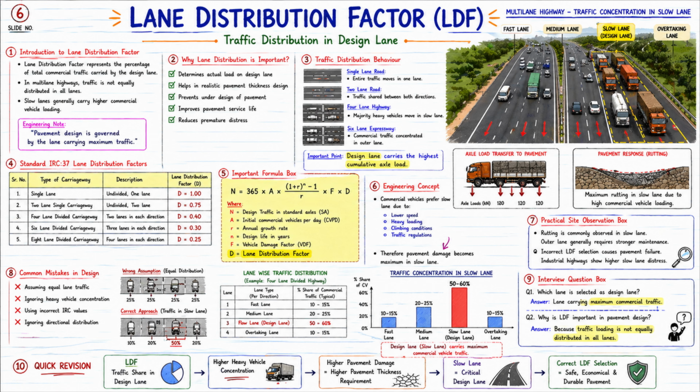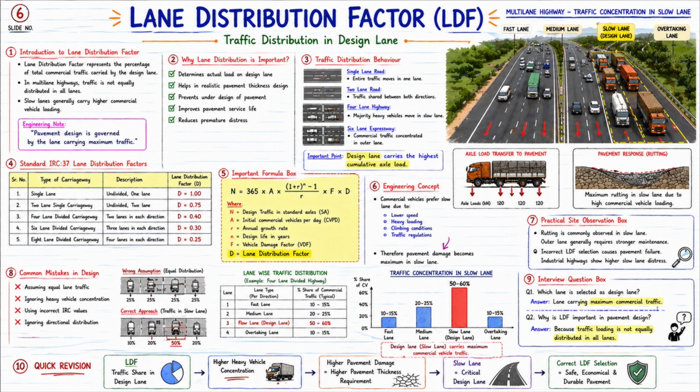This is a very important practical point. Heavy commercial vehicles mostly ply in the slow lane. And this is why the slow lane receives the most pavement damage. See the engineering note below. Pavement design is governed by the lane carrying maximum traffic. That is, the lane which will have maximum commercial traffic will control the pavement design.